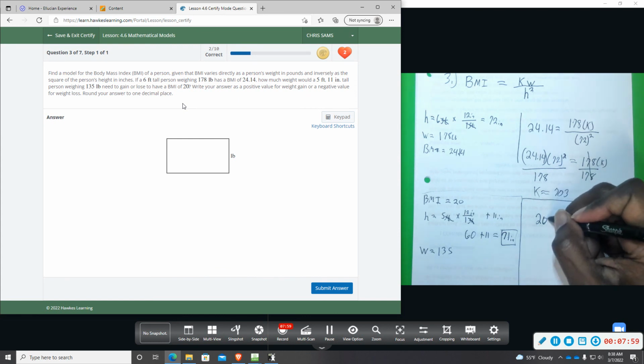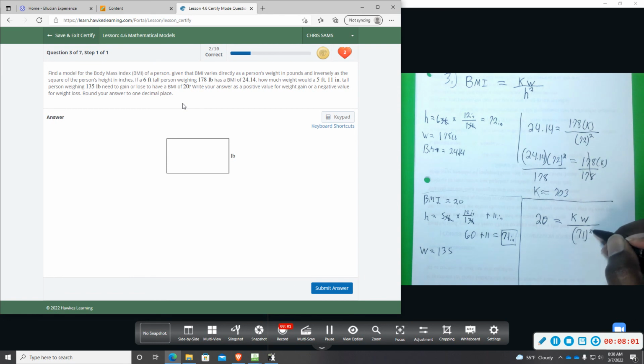So in order to solve for the weight, we're going to multiply by 71 squared. So we'll have 20 times 71 inches squared, and that's going to equal K times W. And then we're going to divide by K on both sides, that's about 703, remember.